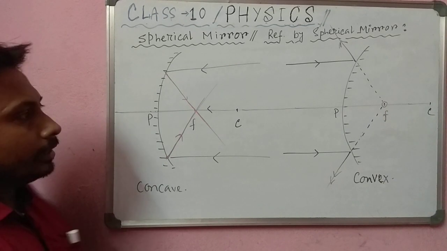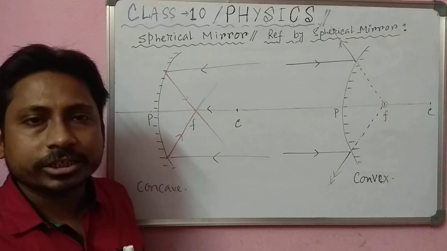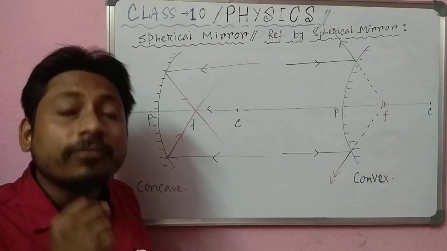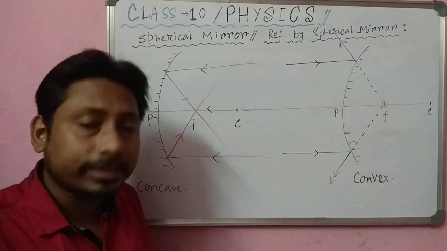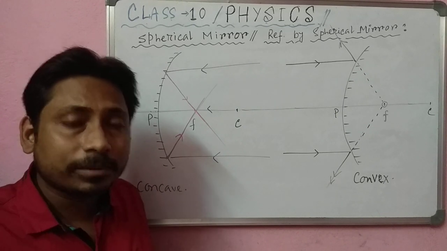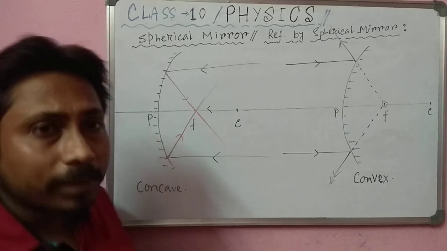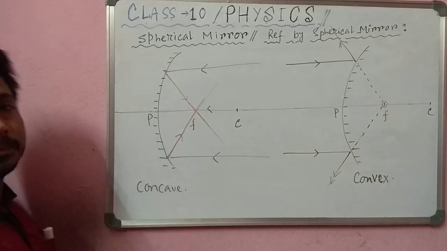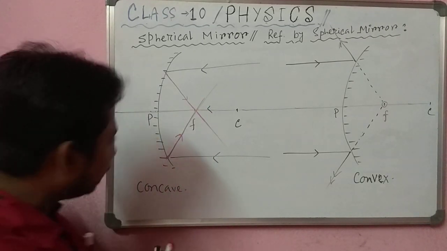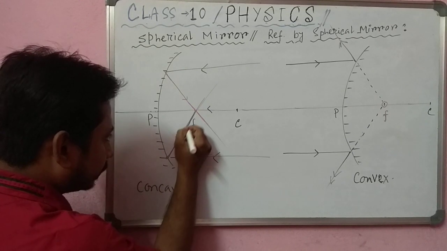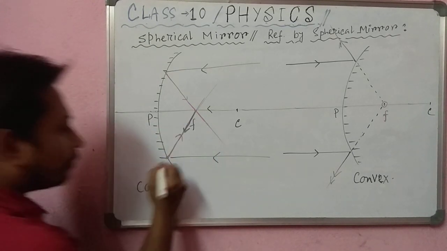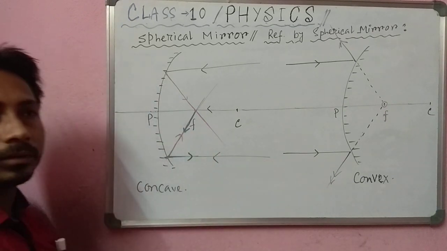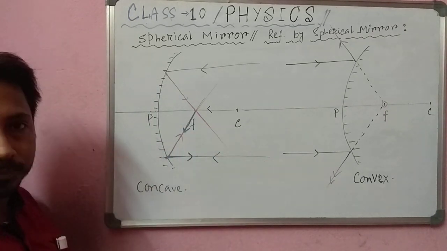Now student, there is a property of light which is called the reversible property of light. What is it? Reversible property means if the light is coming from the focus like this, after reflection it goes out in the same manner, like a parallel beam of light.